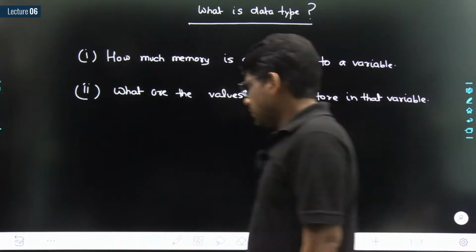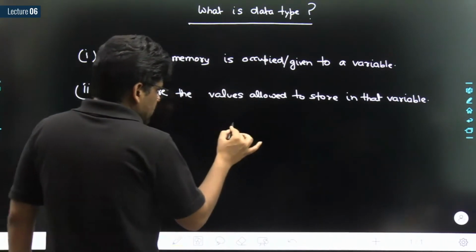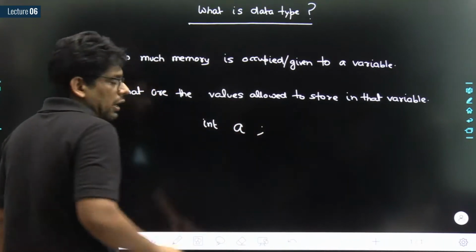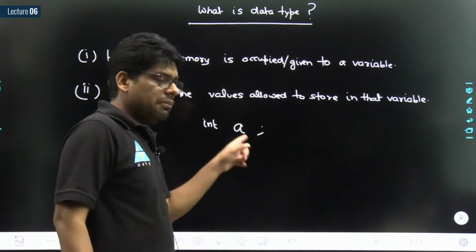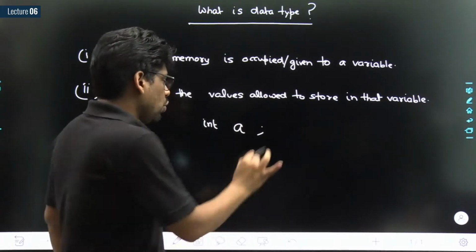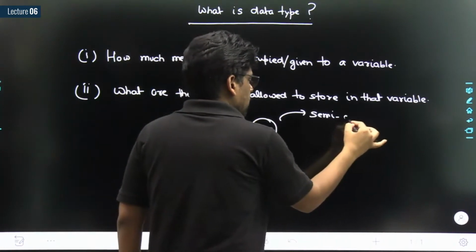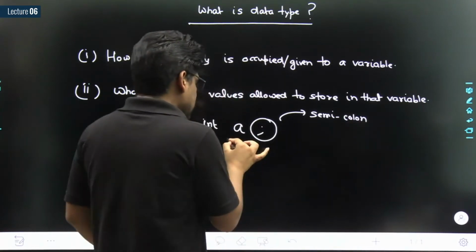Okay, let me give an example. For example, sir, if I say int a semicolon, sir, every statement in C program is terminated by semicolon. Sir, what is this a?